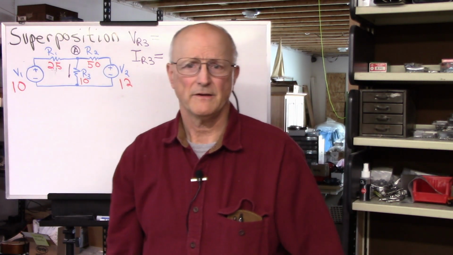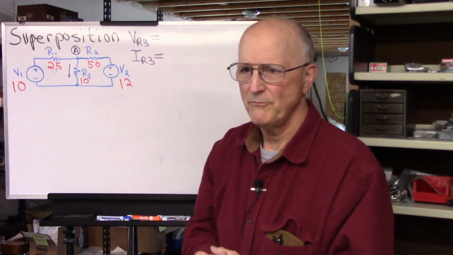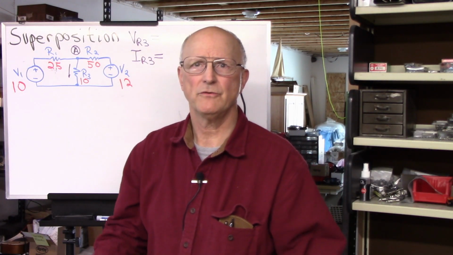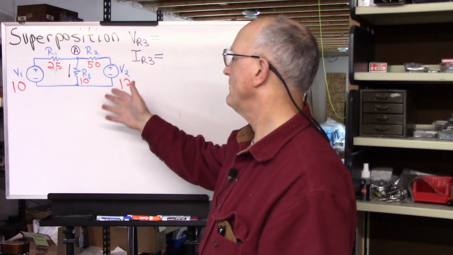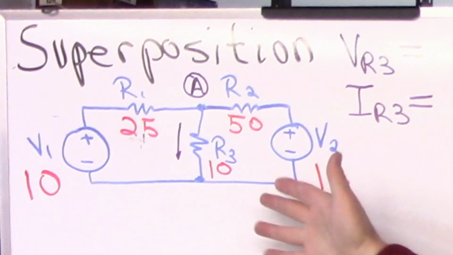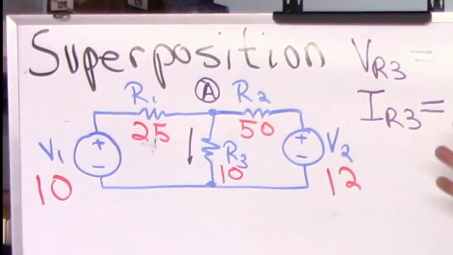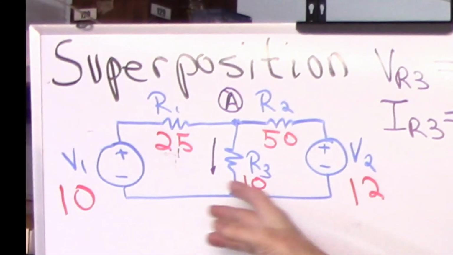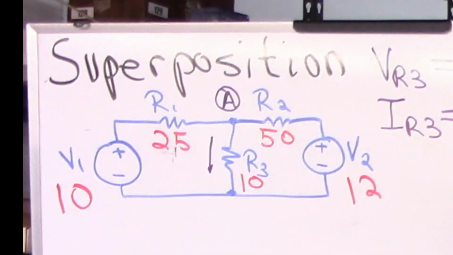Superposition, another one of those magical sleight of hand kind of things that we can use to solve a tricky problem. Here in this particular case, we're looking at a representative problem where this would apply. You have two different voltage sources and a network in between the two of them.